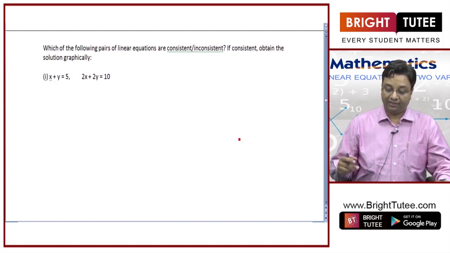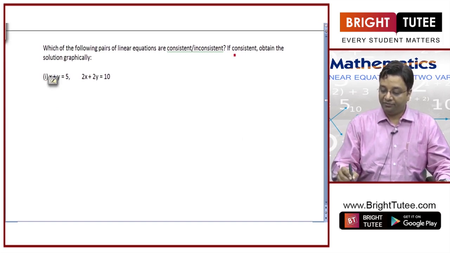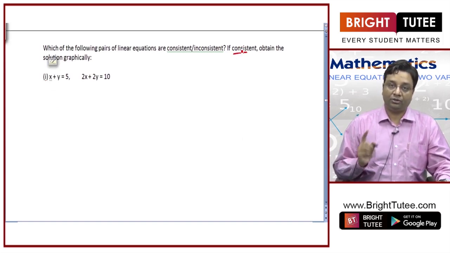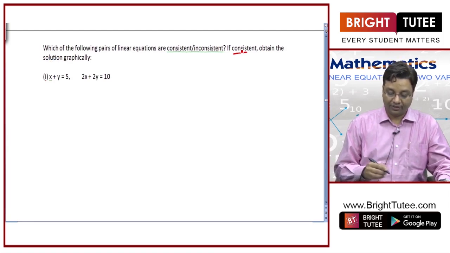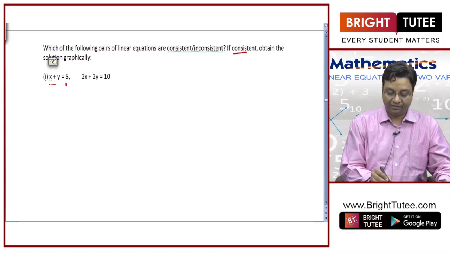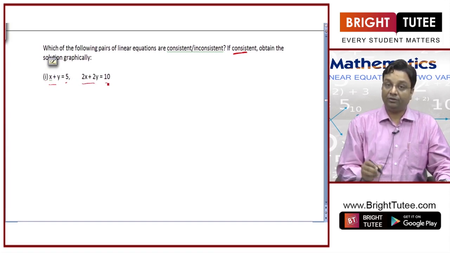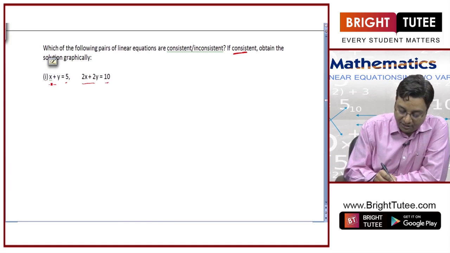Okay. In this case, we need to see whether these are consistent or inconsistent. If consistent, in that case, we need to draw its graph and find the solution. So let us see. x plus y is equal to 5, 2x plus 2y equal to 10. You can clearly see double of x, double of y and double of constant.